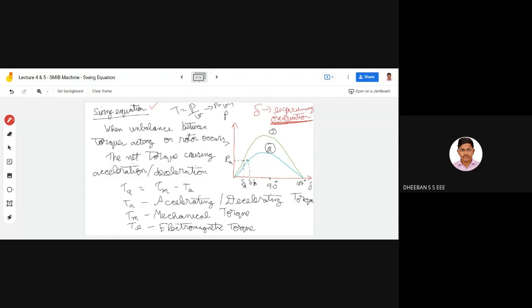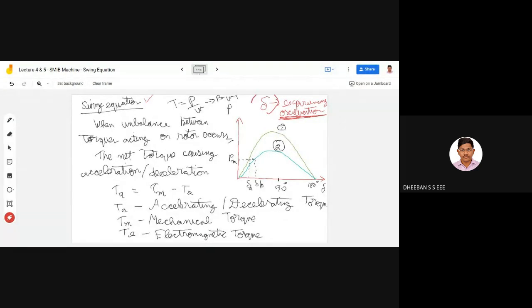I hope you are able to get it. That is, if a rotor angle delta is experiencing some disturbance, you know, right? What are the parameters that are causing your rotor angle disturbance?